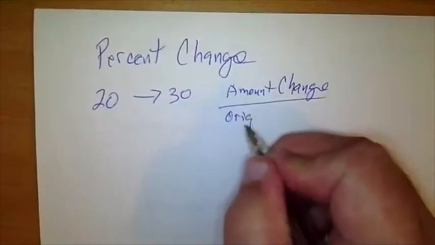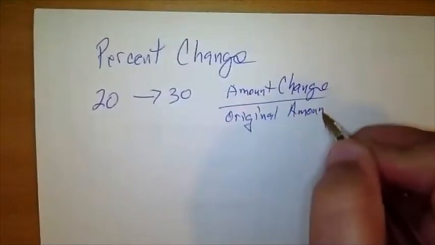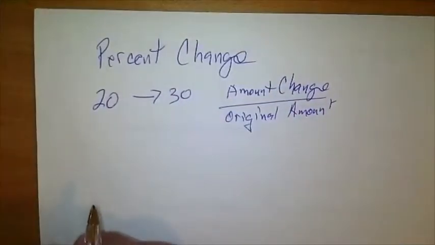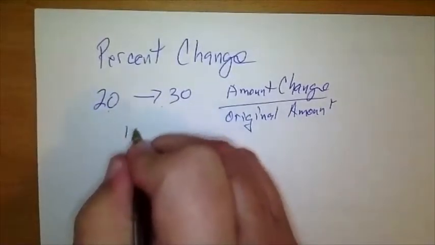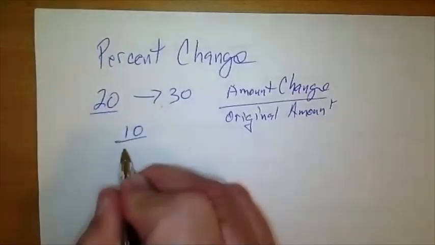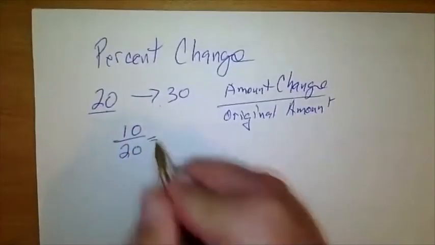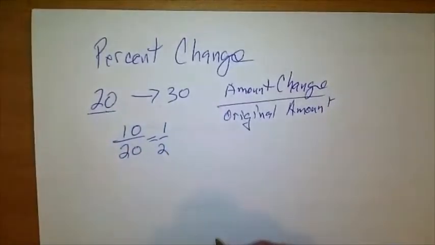And over the original amount. So when we look at this, we're going to say, okay, well, how much did it change? Well, from 20 to 30, it went up 10, right? Now, the original number is 20. So if I convert that to a fraction, I get 1/2.